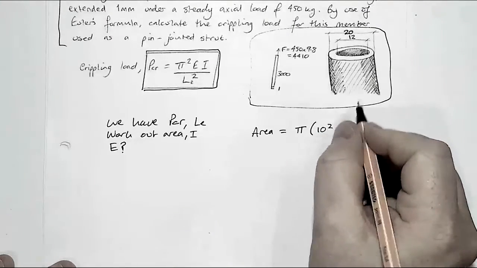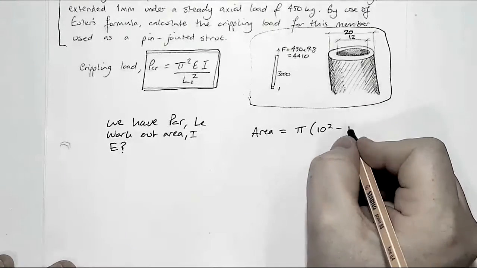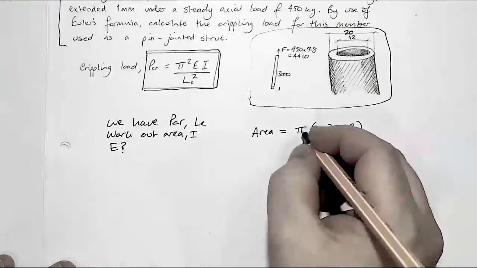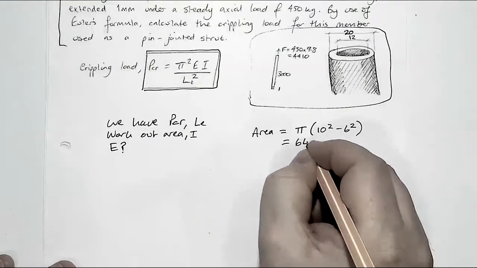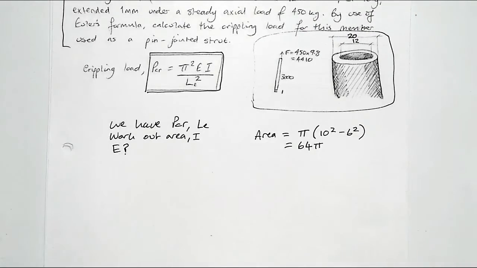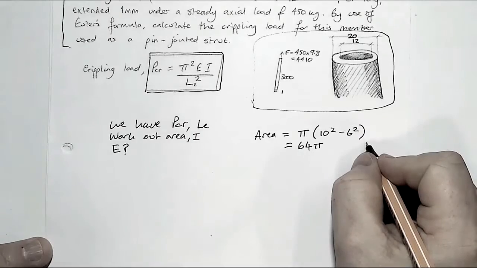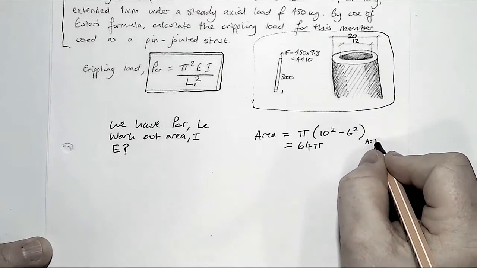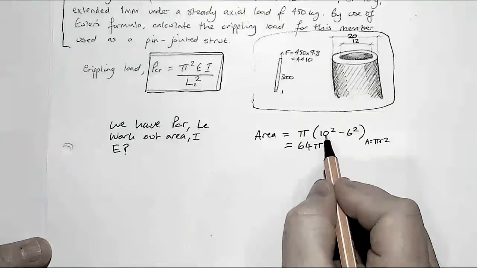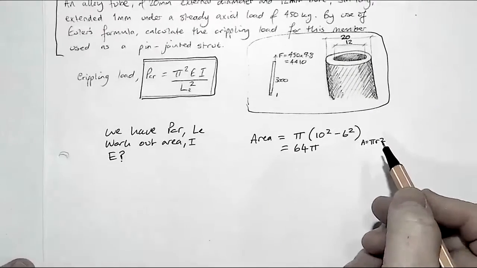10 squared, take away the inside, is 6 squared. That equals 64 pi. So again, that's just using your area is pi r squared, and it's the outer diameter, take away the inner diameter.